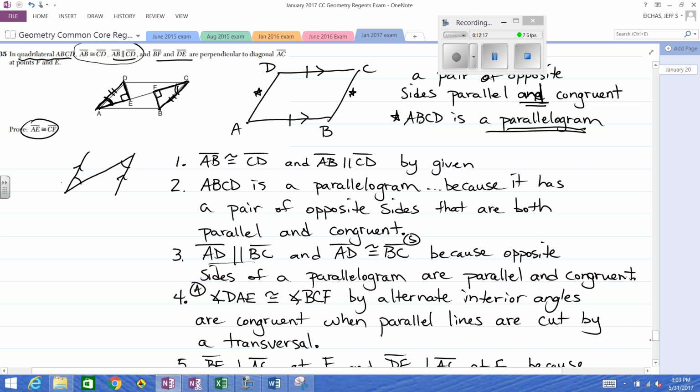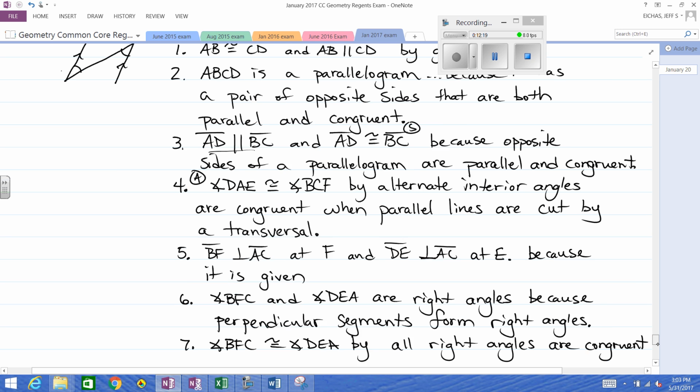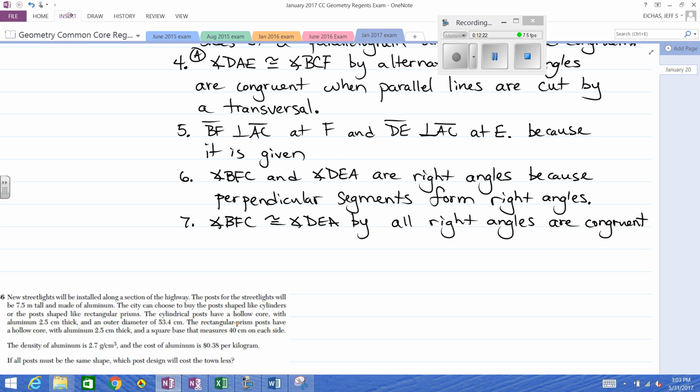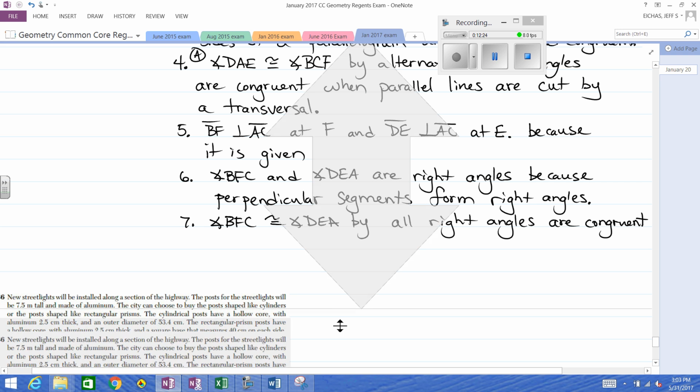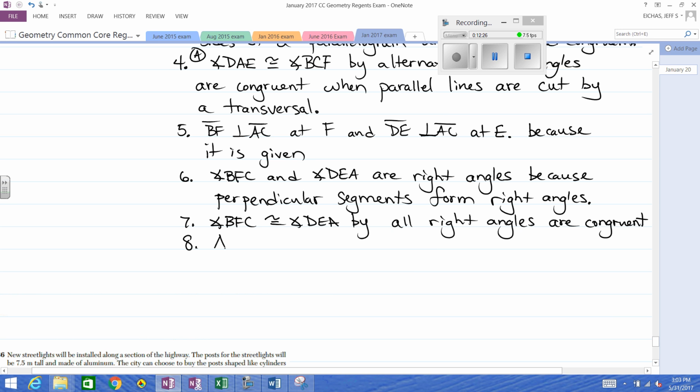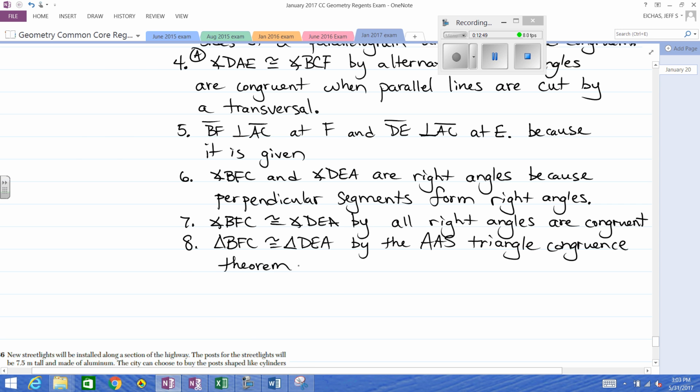Oh, the triangles are congruent, so let's get those down. Triangle BFC congruent to triangle DEA by the angle side angle triangle congruence theorem. Postulate or theorem, whatever your teacher uses, is fine.